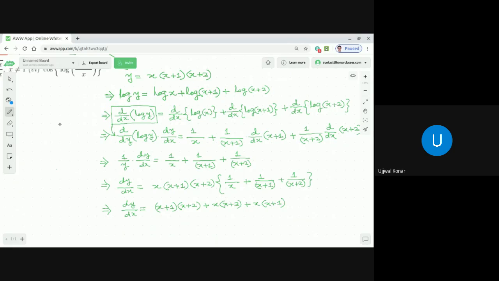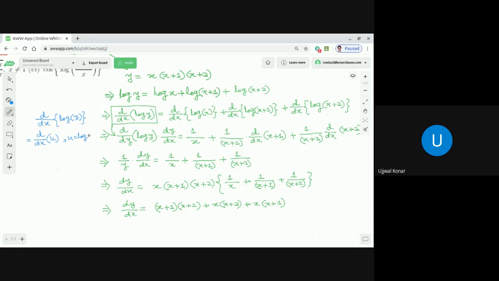So what I'm saying is that your task is to find d dx of log of y. Correct? So what log y we are assuming? Log y we can assume as u, right? So that means d dx of u, where u is equal to what?